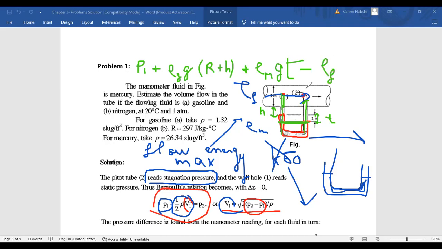Now what is the distance we are moving in the fluid? We are moving the thickness T plus H plus the radius. So minus rho fluid times g times T plus H plus radius.